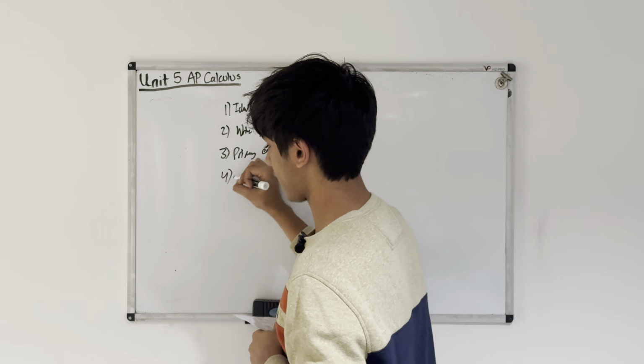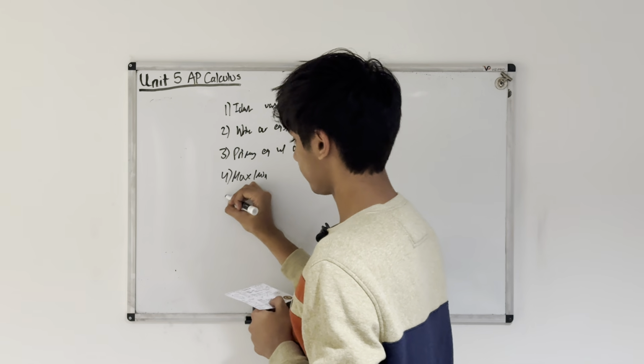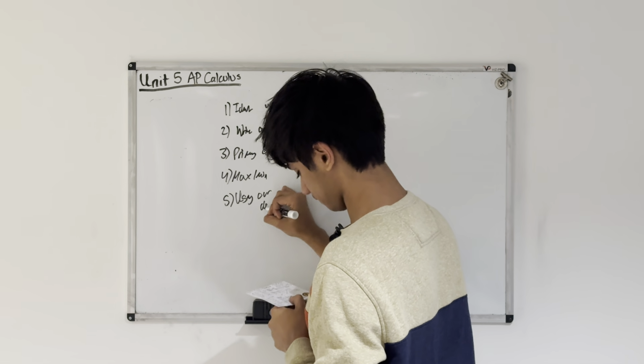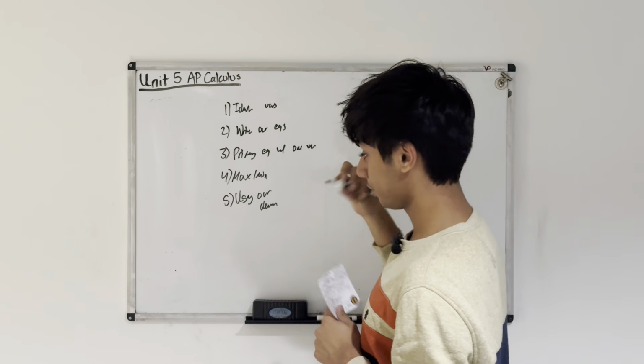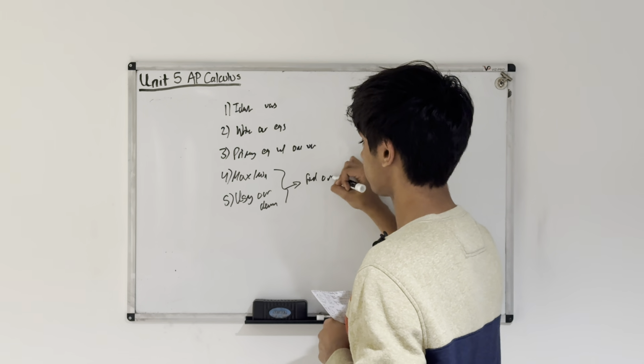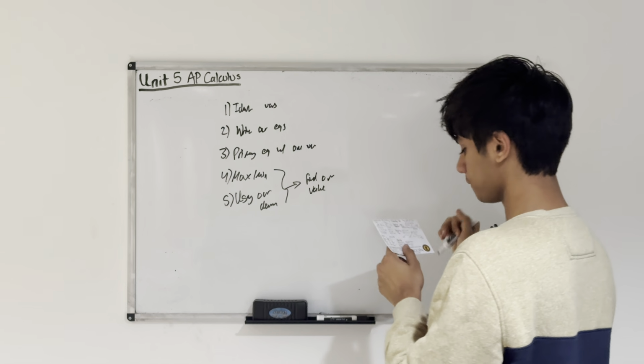Then we want to find the maximum or minimum, depending on what the problem is asking us. And finally, using our domain and the maximum or minimum we found, we can find our optimized value. So, quick run through, let's do an example.